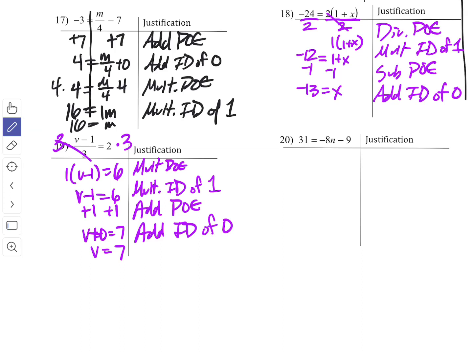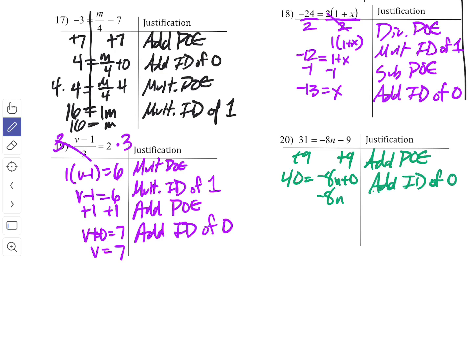Okay, number 20, 31 equals negative 8n minus 9. Start by adding 9 to both sides using the addition property of equality. Negative 8n plus 0 equals 40. Drop the 0, that additive identity of 0. So 40 equals negative 8n. Divide by negative 8.